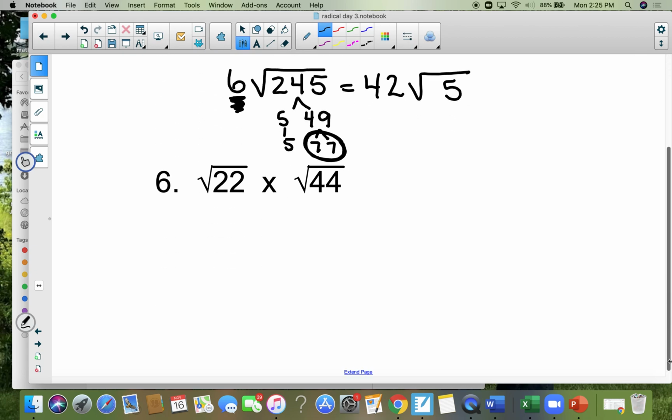And we are on the last problem. There's nothing on the outside. So all I'm going to do is combine the inside. 22 times 44, which is 968.